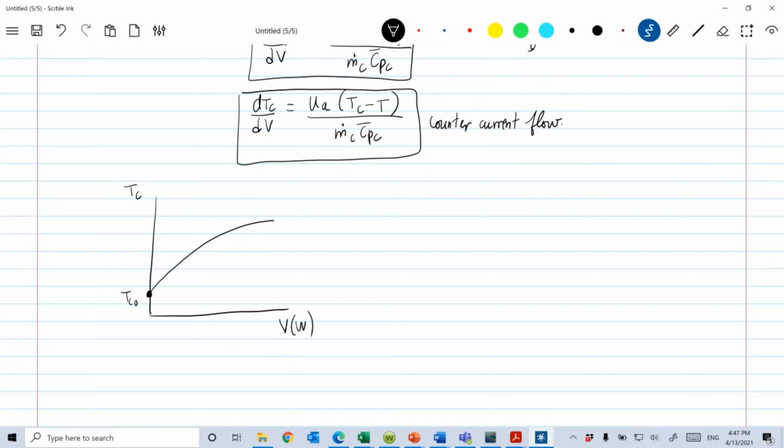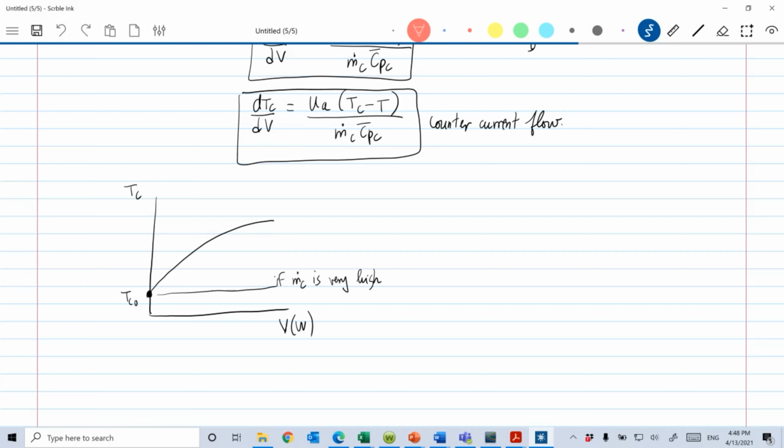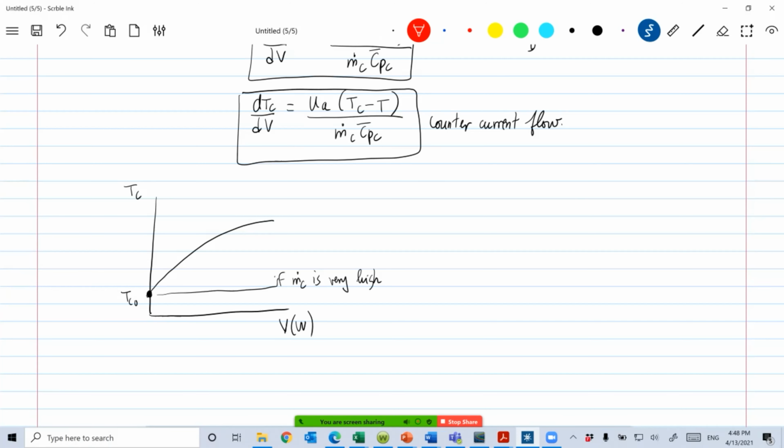Or, if the mass flow rate is really, really high, it's just going to stay constant. So you can have this issue. We can already kind of think what the reactor is going to look like. The temperature in the reactor may look like this, where it goes up, then it cools down.